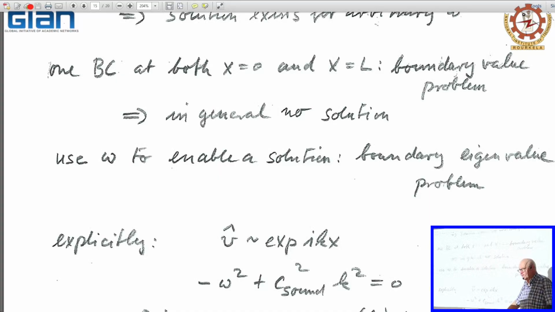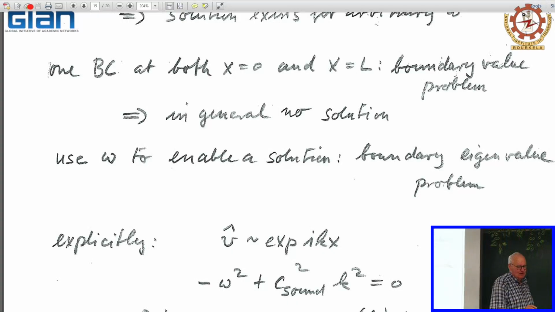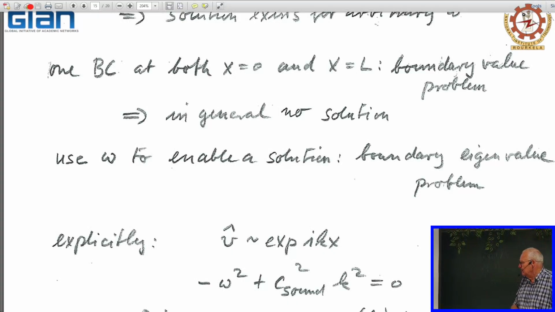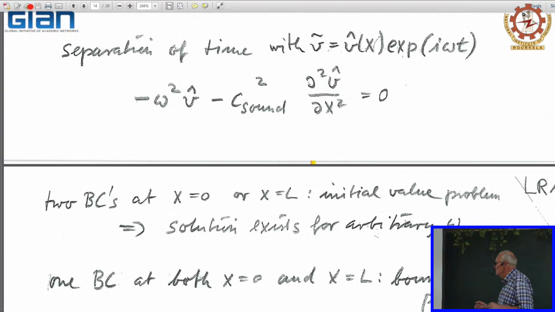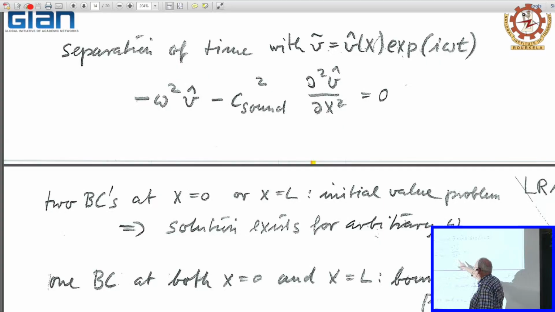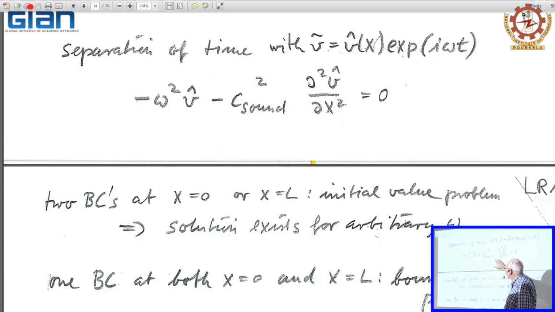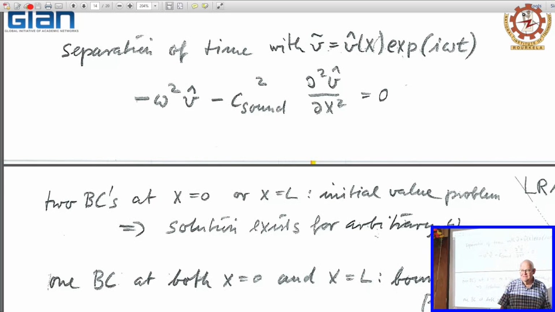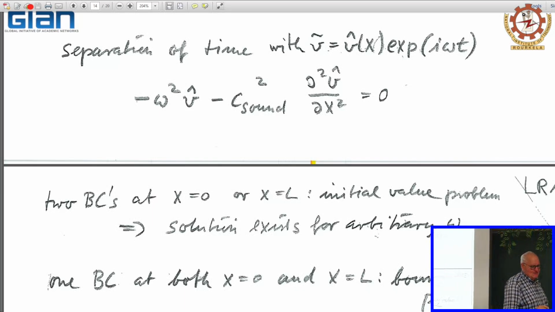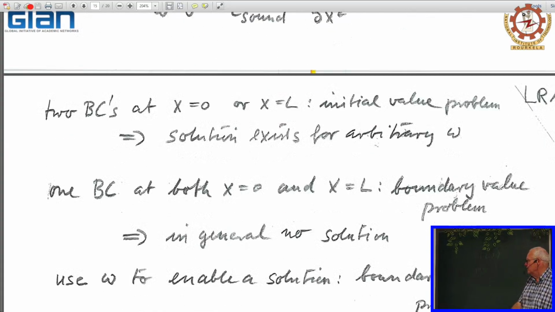The second derivative of the function e to ikx with respect to x gives a factor ik squared, so this gives minus k squared, and here it's a plus c sound squared k squared, and the exponential is contained in both terms, so it cancels. So we are left with a so-called dispersion relation.